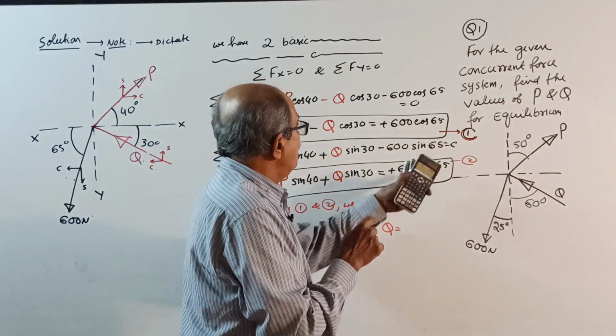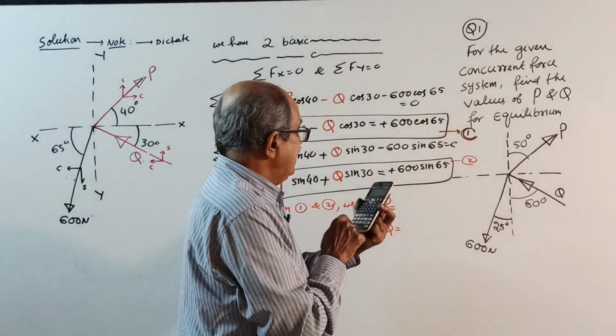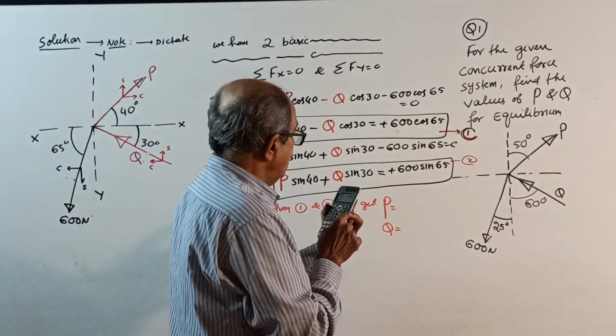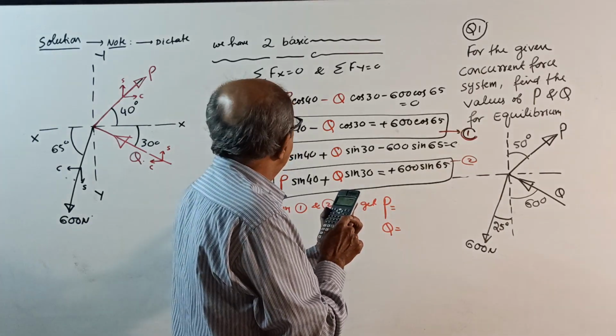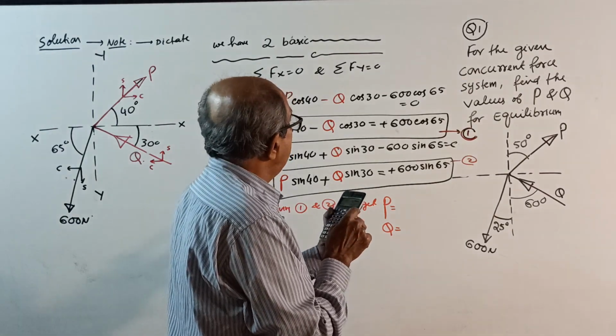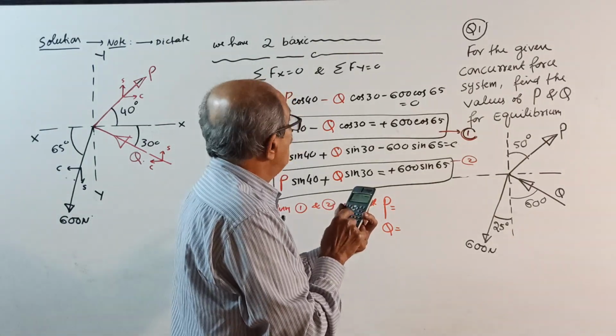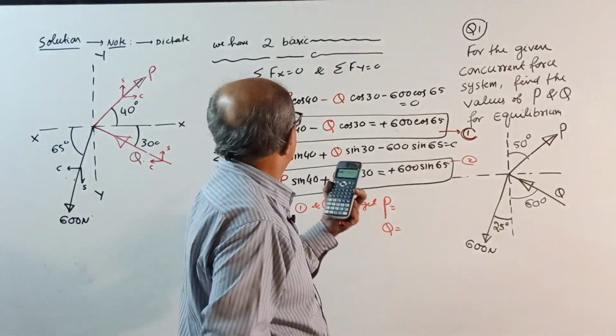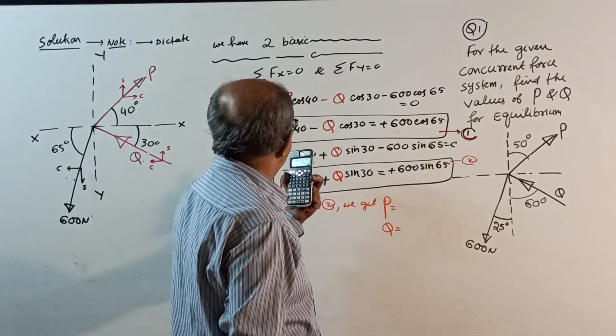So it is 600 into cos of 65, equal to. One round completed, the value 0.766, correct.